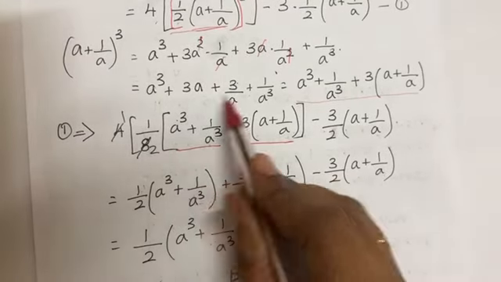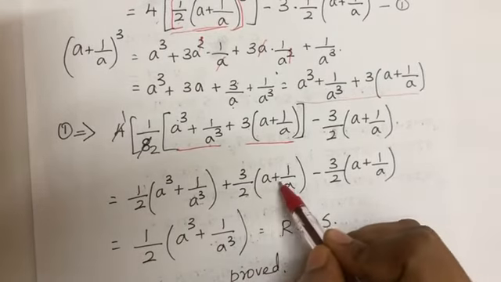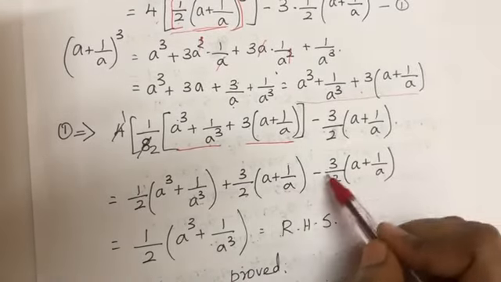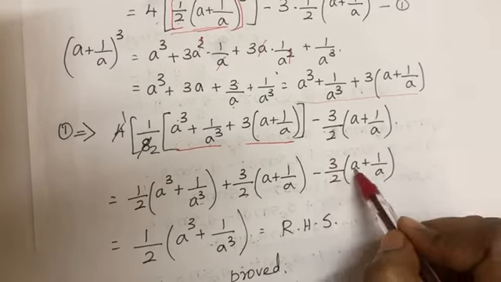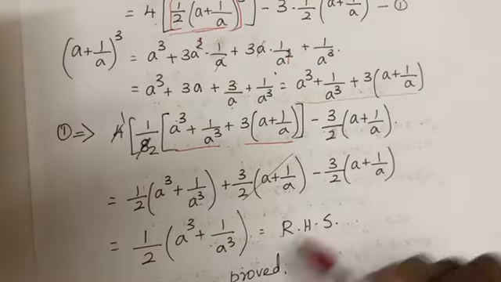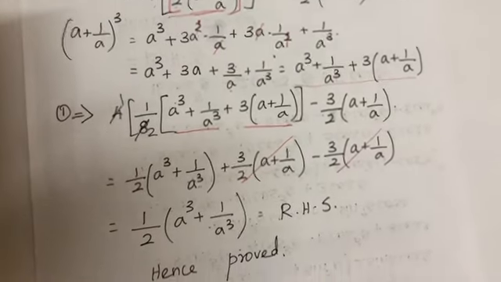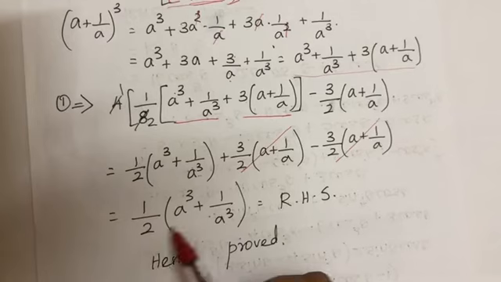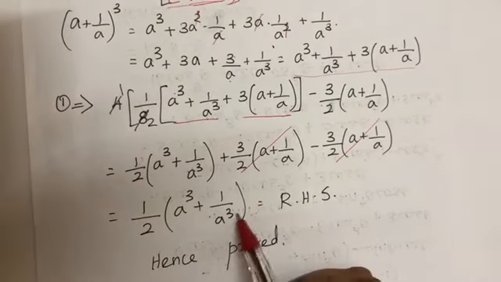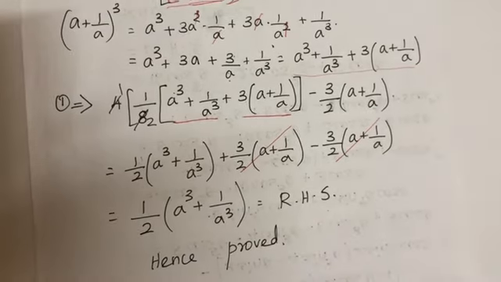Here, while multiplying with this, it will become 3 by 2 into A plus 1 by A. Here, minus 3 by 2 into A plus 1 by A. So, plus 3 by 2 A plus 1 by A and minus 3 by 2 A plus 1 by A will get cancelled. So, you get half into A cube plus 1 by A cube. That is our right hand side, and hence we have proved the result.